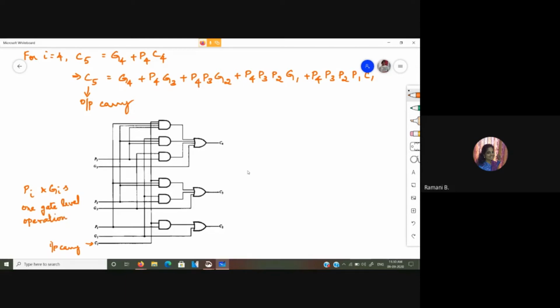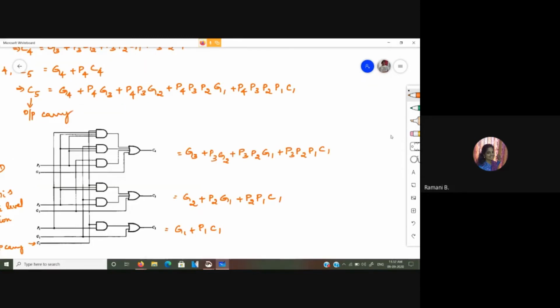So giving Ai, Bi to an XOR gate, you get Pi, and giving Ai, Bi to an AND gate, you get Gi. Next, we got C2 as G1 plus P1 C1. Then this is G2, plus P2 G1, and P2 P1 C1. Same way, this is G3, P3 G2, P3 P2 G1, P3 P2 P1 C1.